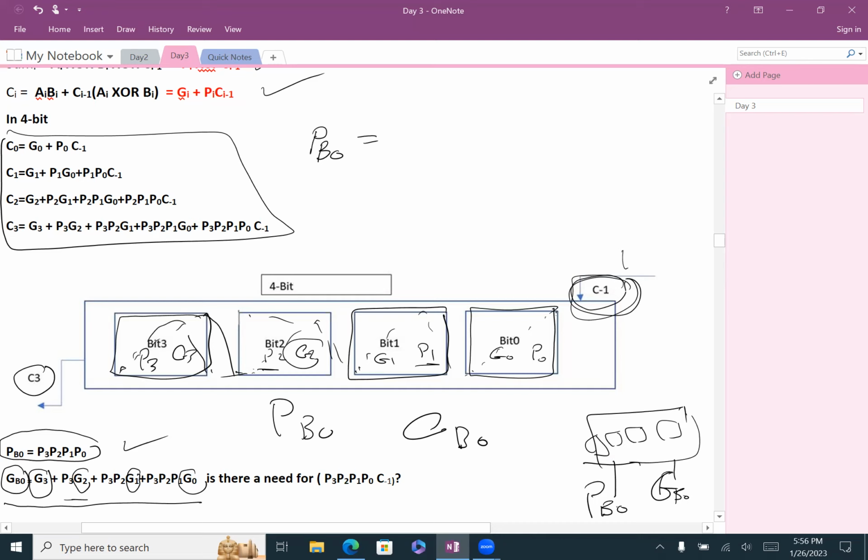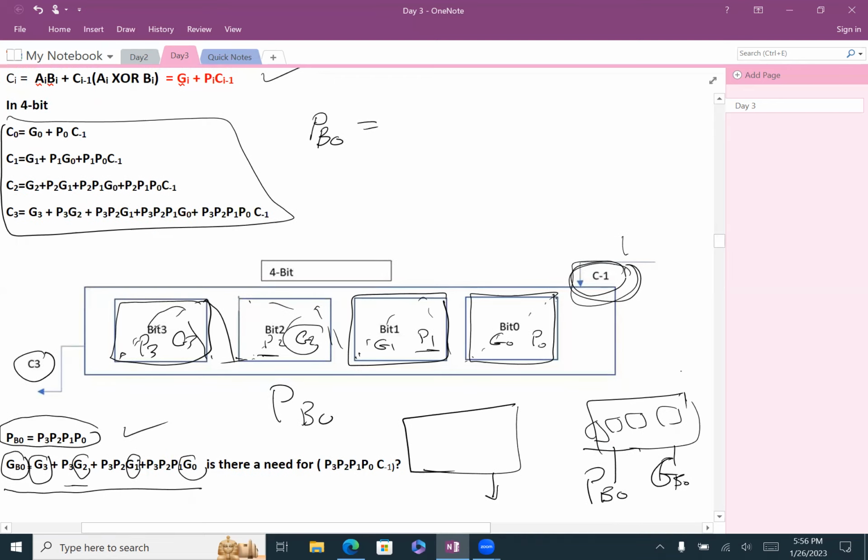Perfect. That's only for one. Then you will have another one here. And if you wanna do that, what will your output here be? Yes, because it's block 1. Remember that we call it block 1. I'm sorry, that's block 0 and that's block 1. So it's gonna be GB1 and BB1. Then you will have the third one and the fourth one. We will see the full circuit, but that's the concept.